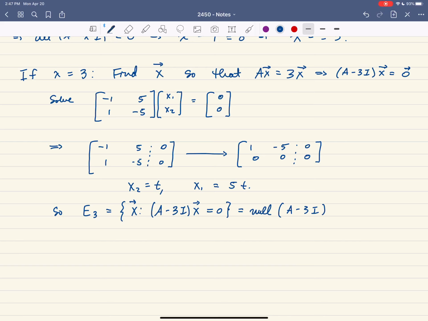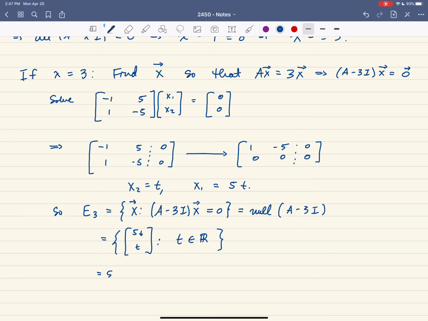So I think it's helpful just to think about this in terms of the null space of a matrix, which we've already talked about. And it turns out that this is going to be the set of vectors x1, x2, so 5t, comma t, where t is allowed to be any real number.